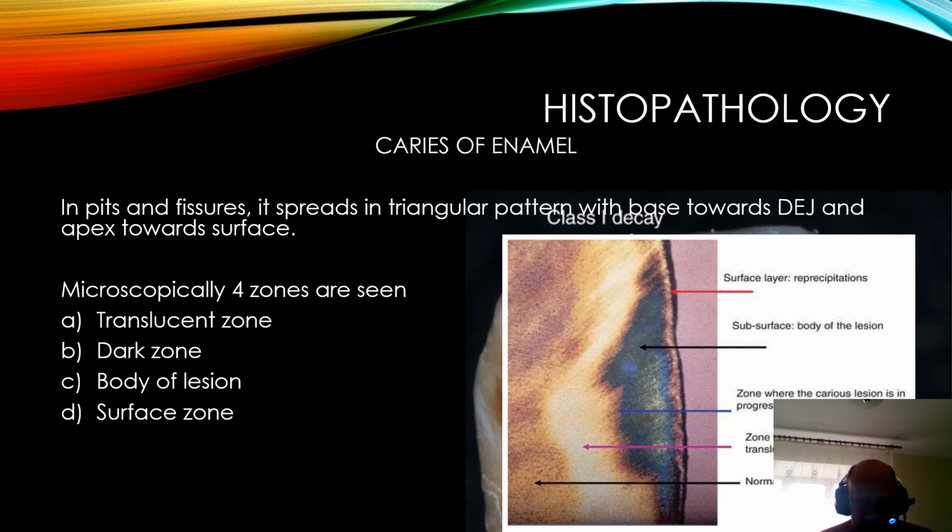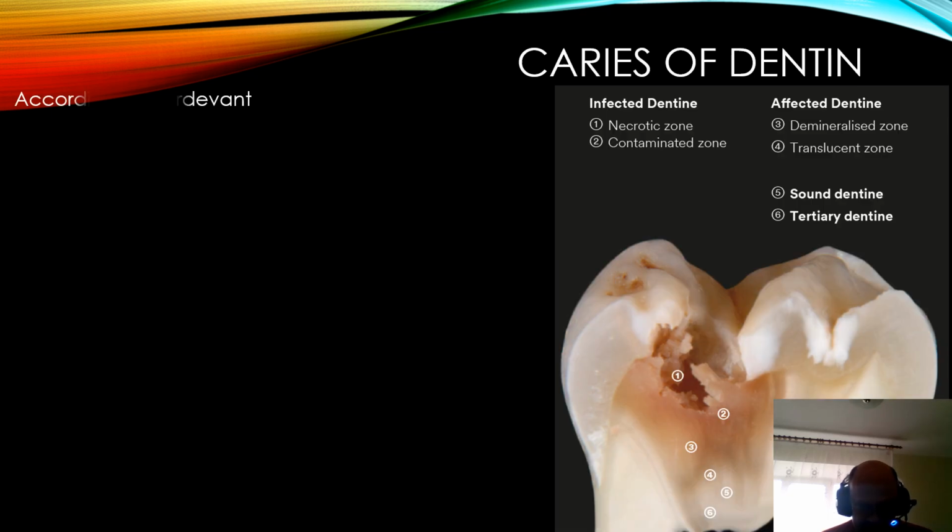Microscopically, they define 4 zones: translucent zone, dark zone, body of lesion, and surface zone.